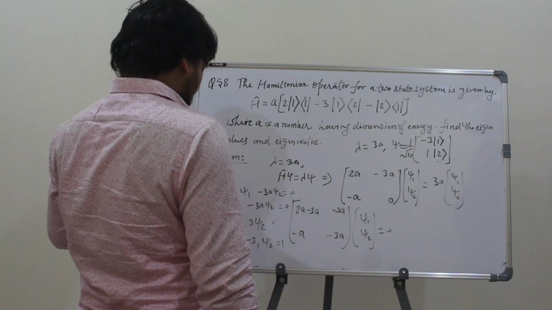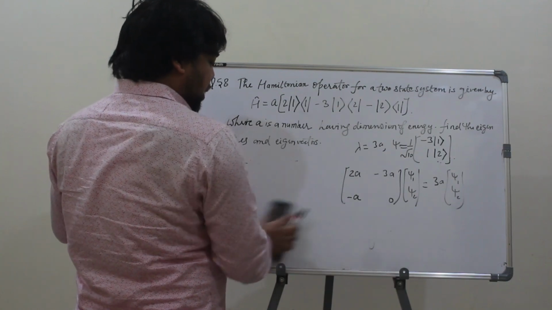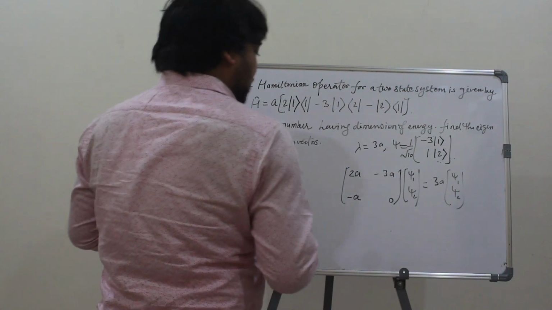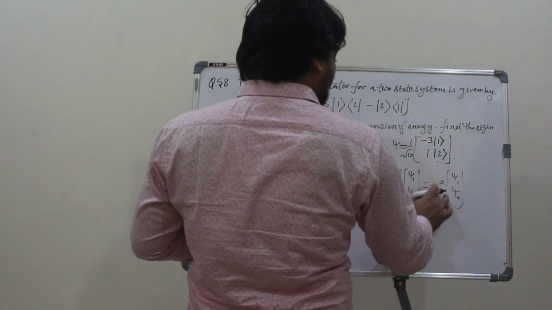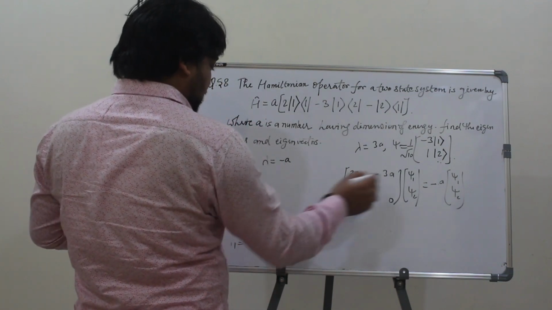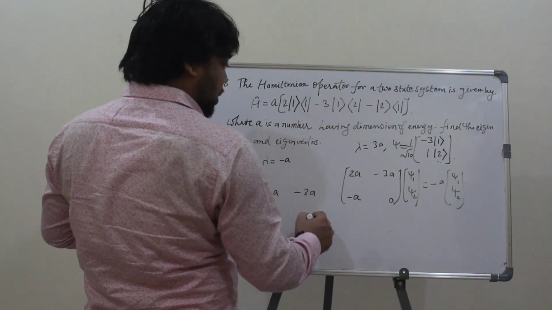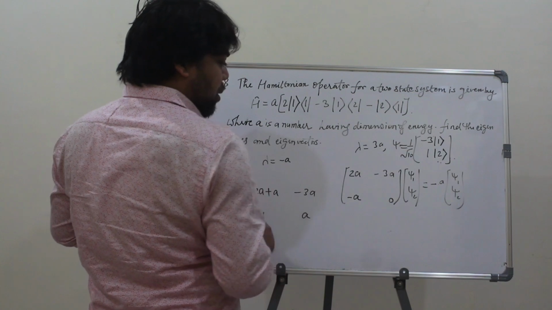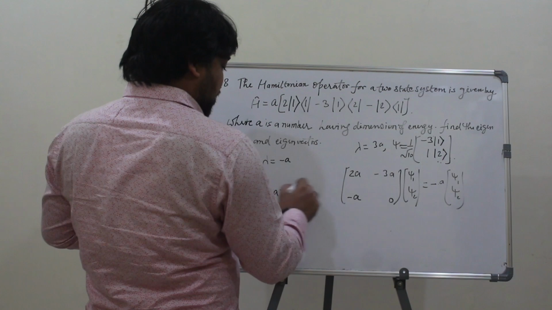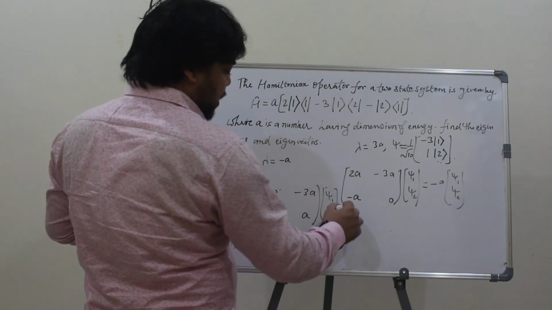Now let us go to this one, lambda equals minus a. For lambda equals minus a, here you will have 2a plus a, minus 3a, minus a and plus a, psi 1, psi 2, which is state 1 and 2 obviously.